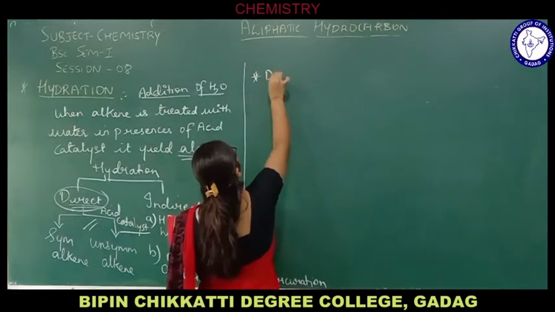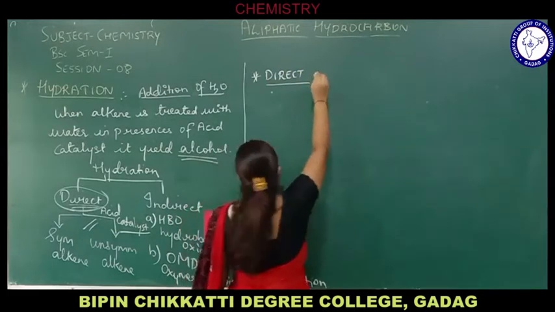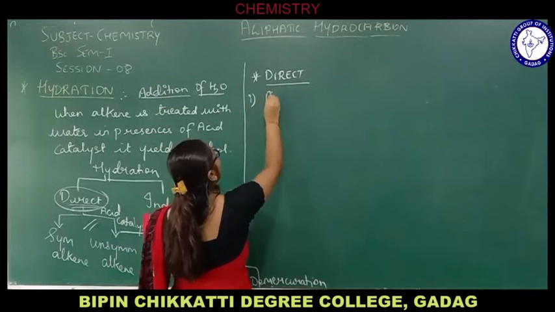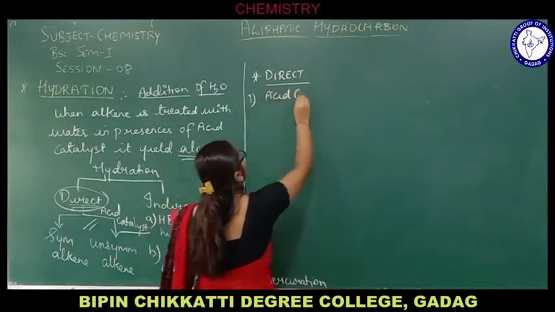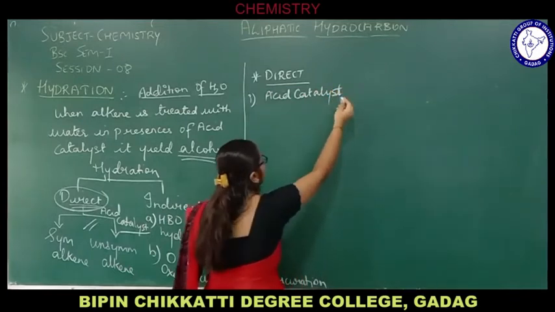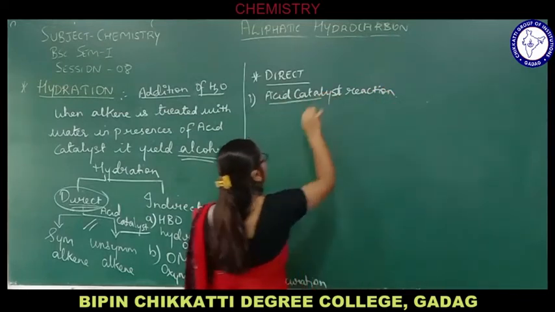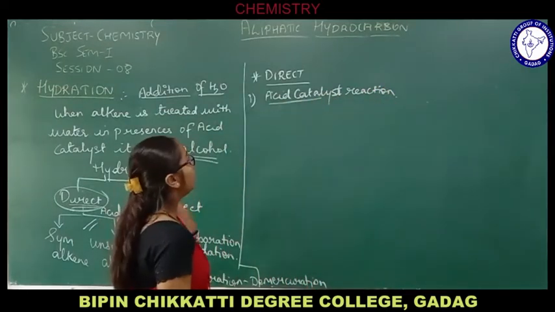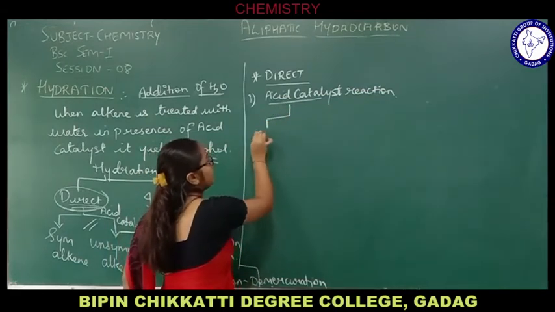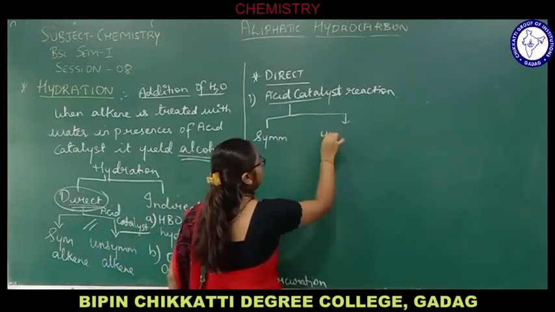The direct way of addition of water is an acid catalyzed reaction. Acid plays an important role there, right? In this case, it is first divided into symmetrical alkene, and then unsymmetrical alkene.